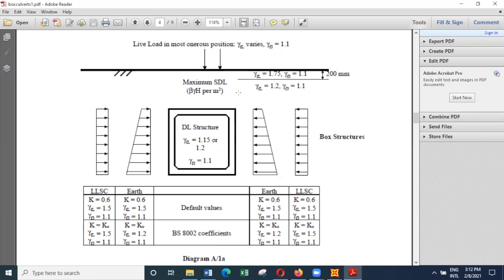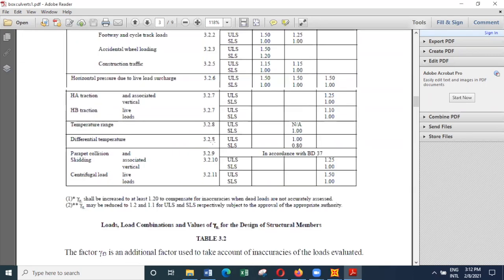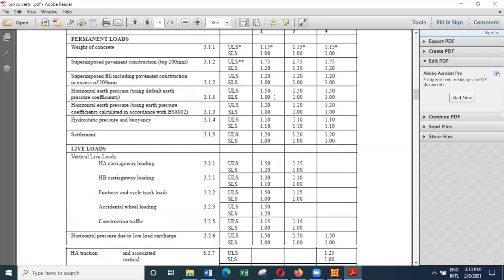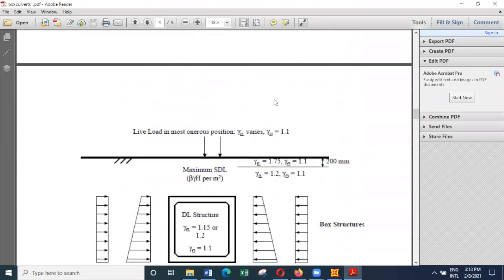So 1.15 is the value for beta, and gamma F3 is 1.1. And in addition to that, you have to consider the weight of the structure, which is considered as 1.15, and that comes from this table. Here you can see for the weight of concrete, we use a factor of safety of 1.15.